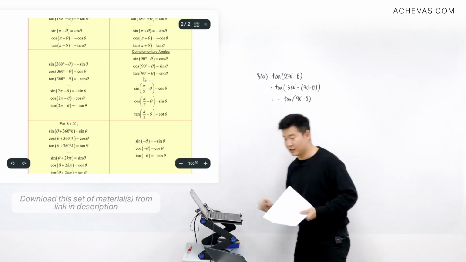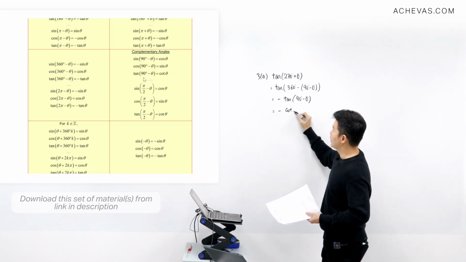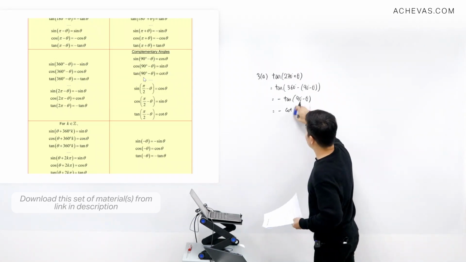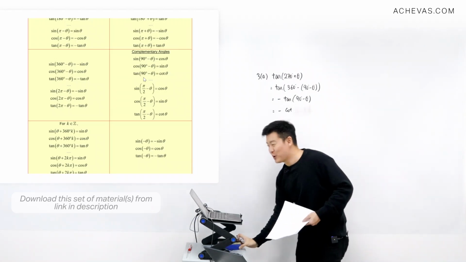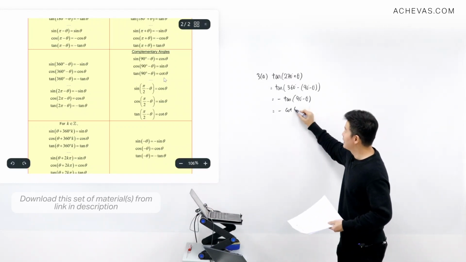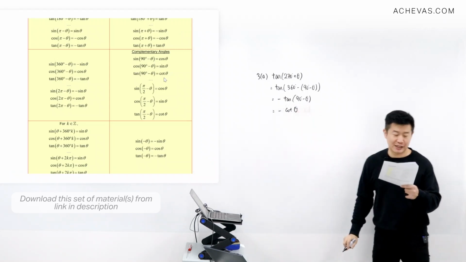Yes, we have. It is here. So tangent 90 degrees minus theta is the same as cotangent of the angle. According to what we have here, tangent 90 degrees minus theta is cotangent theta. So this minus is from here, and this will become cotangent theta.